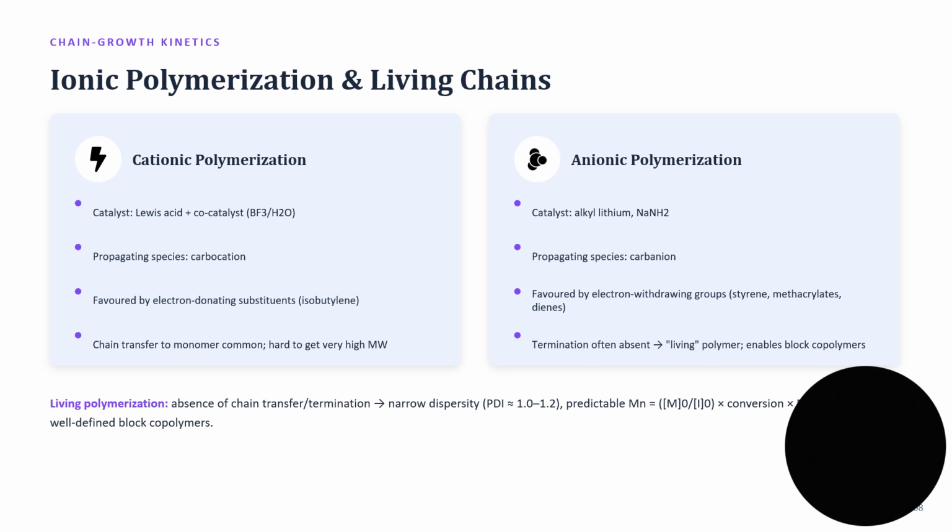Why does living polymerization matter so much? Because without chain transfer or termination reactions competing with propagation, you get a very narrow molecular weight distribution, a dispersity close to 1, and predictable molecular weight calculated simply from the monomer to initiator ratio times conversion times the monomer molar mass.